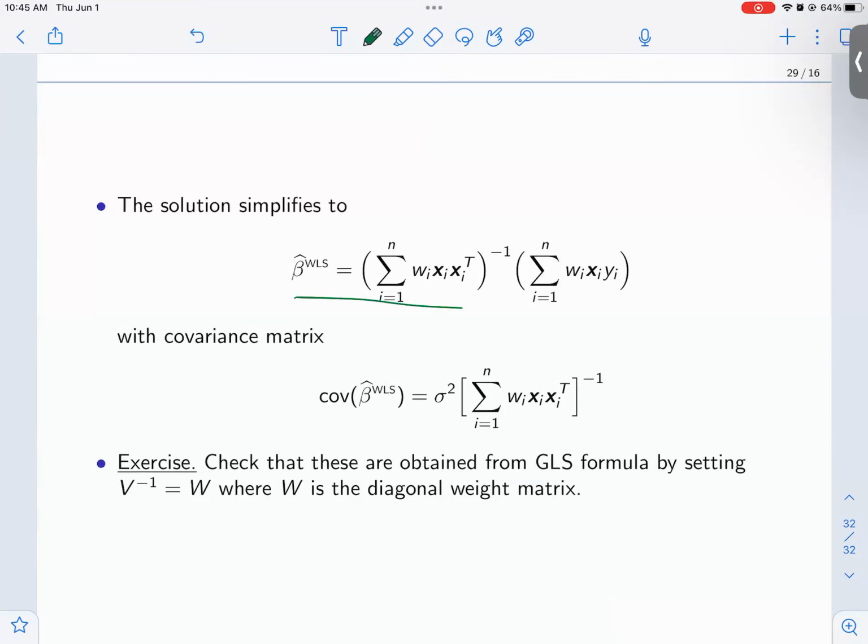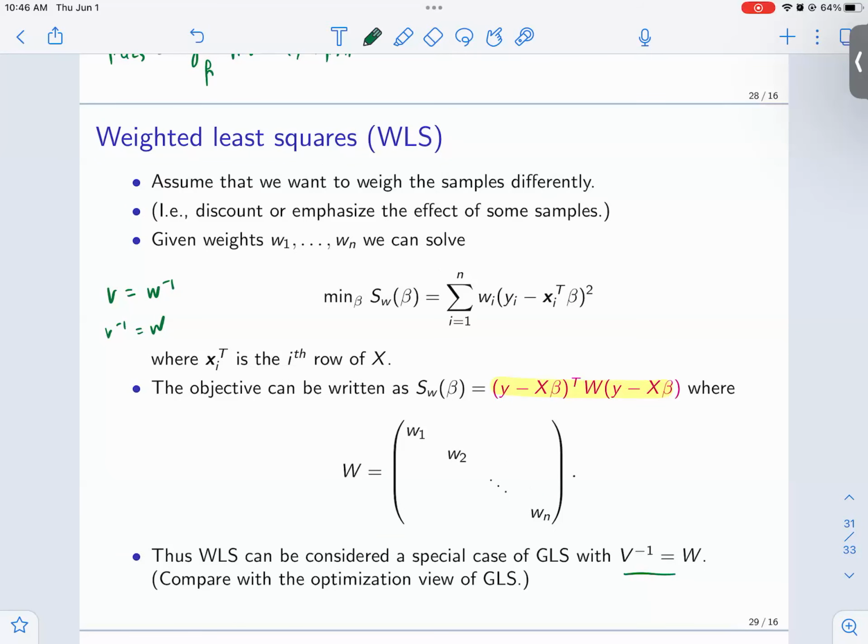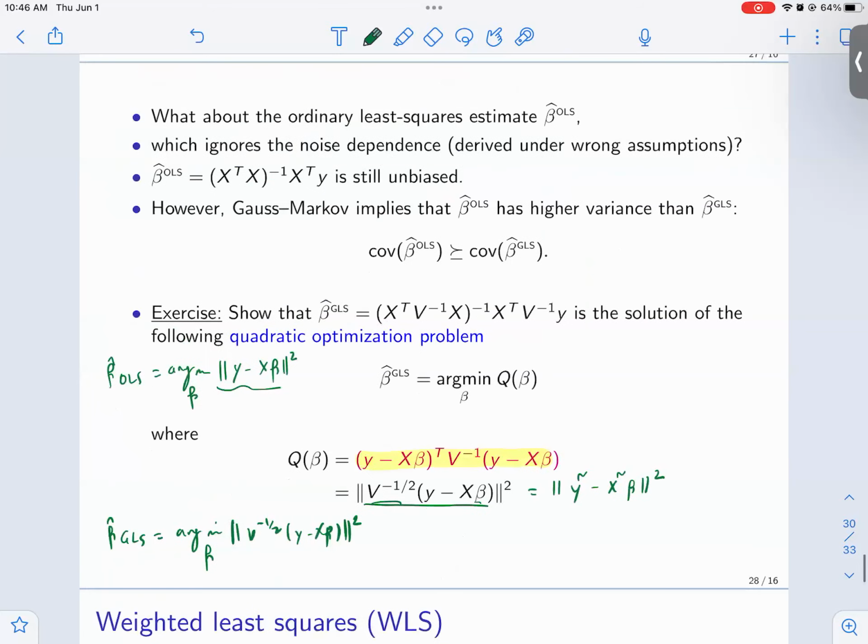So beta hat WLS you can write like that, and the covariance would look like this. This is just X transpose W X inverse X transpose W y, where W is just V inverse. The covariance is going to be sigma squared times X transpose W X inverse. It's just a minor point that you can also do weighted least squares if you know GLS. It's just a little transformation. The main thing for us will be this GLS business, which is interesting.